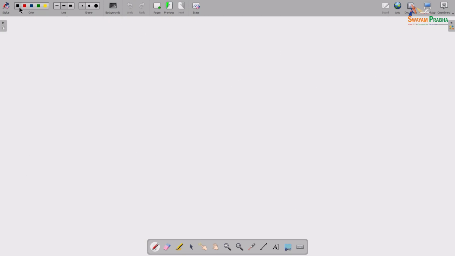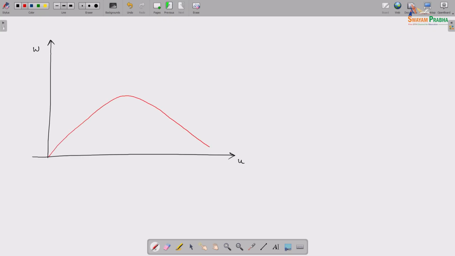So, let us say this is the W and this axis is U. Then let me first draw the photograph of that. Right. So, this is the photograph.